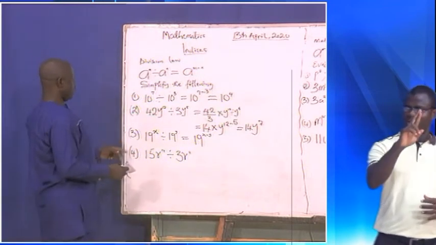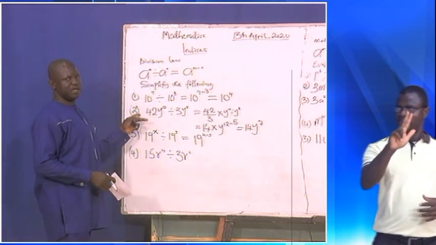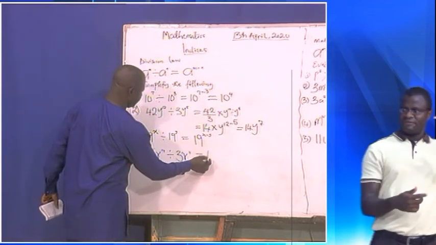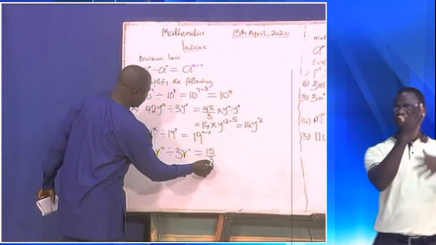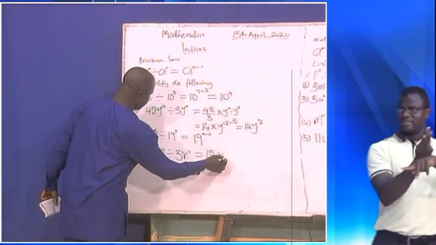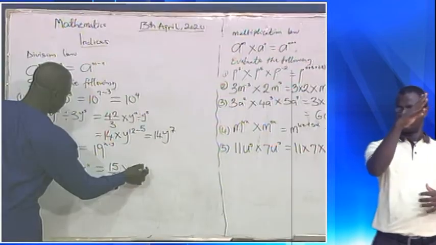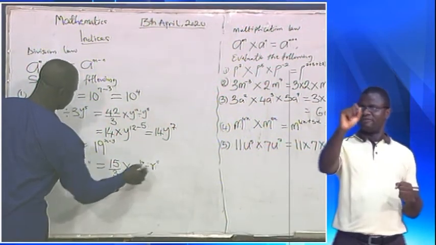In this case, we'll apply the same procedure we used in question number 2, which is going to be 15 divided by 3, multiplied by r raised to power of 14 divided by r raised to power of 11.